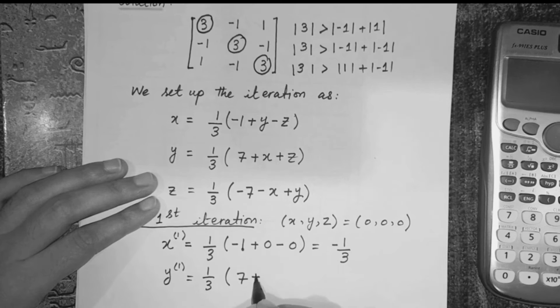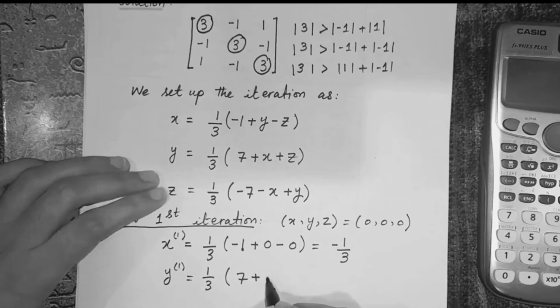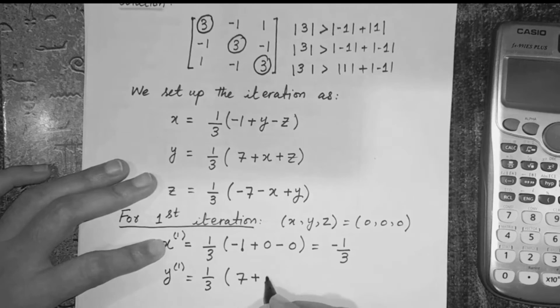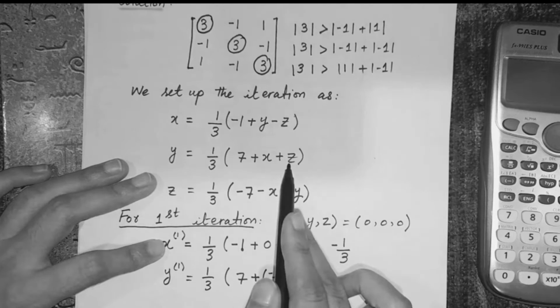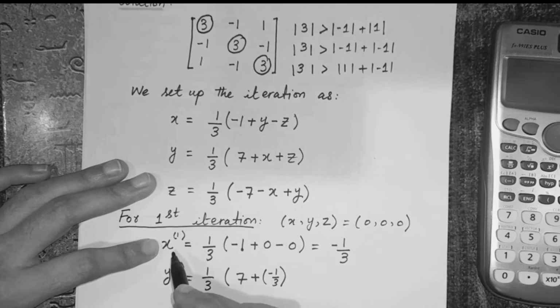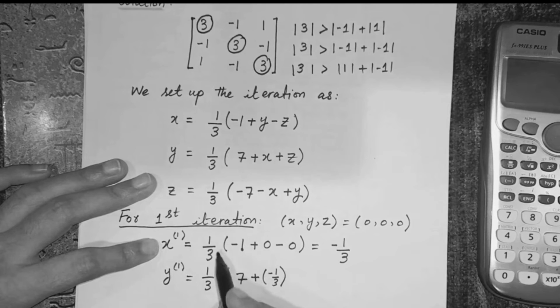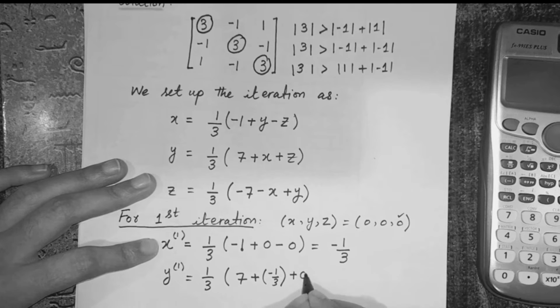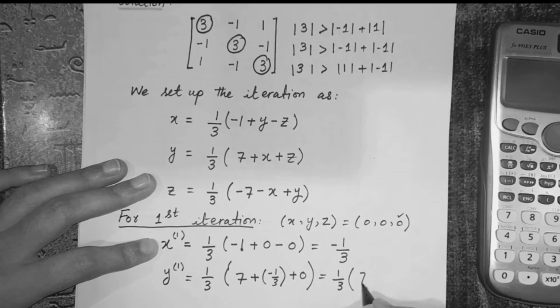This is the point we have to take care of. As the value of x is negative 1 by 3, we write negative 1 by 3 and plus z. As you can see, we haven't calculated z yet, so we put the initial guess, plus 0. So this becomes 1 over 3 of 7 minus 1 by 3.